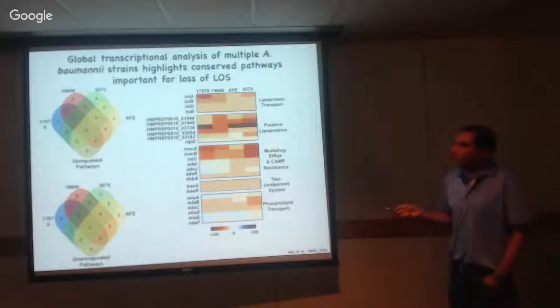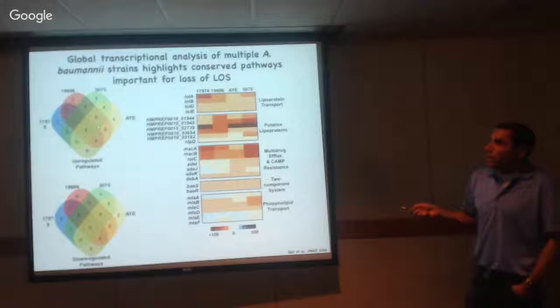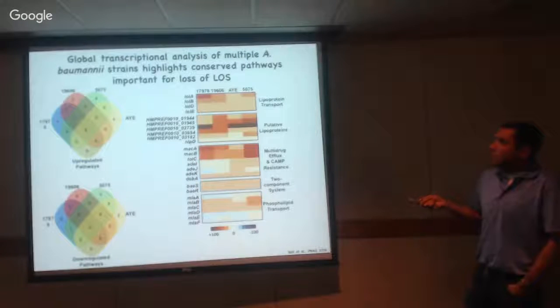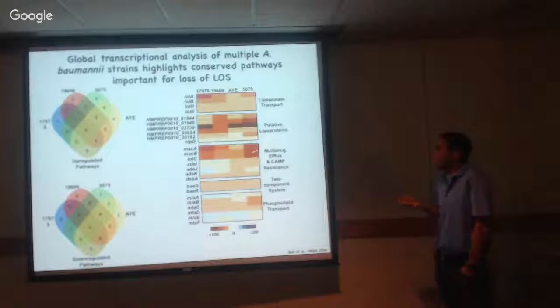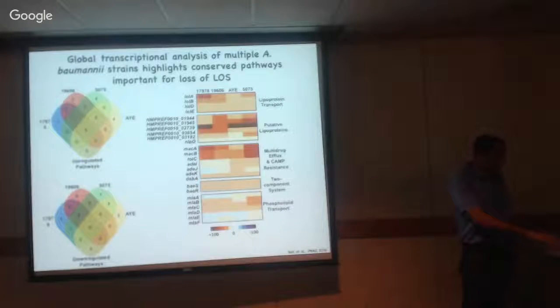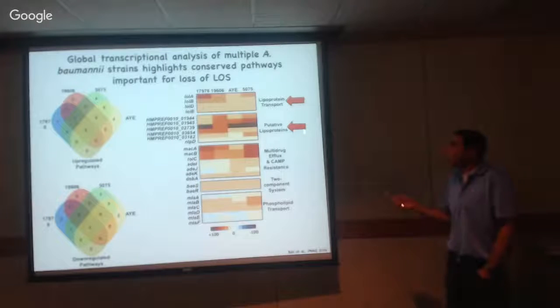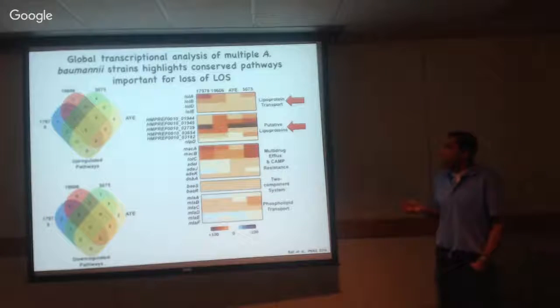Among these 4 strains, we found that 5 pathways were upregulated and no pathways were downregulated among all of these strains. The 5 pathways that were upregulated were lipoprotein transporters, putative lipoproteins, multi-drug efflux pumps, a two-component system, and phospholipid transporters. But the 2 pathways with the biggest changes in gene expression were lipoprotein transport and these putative lipoproteins.